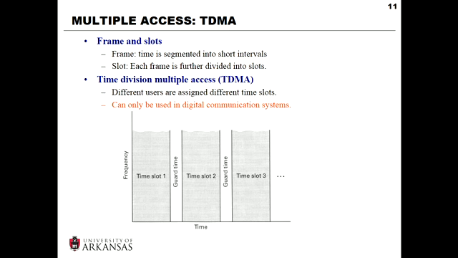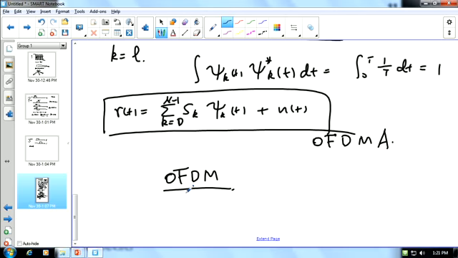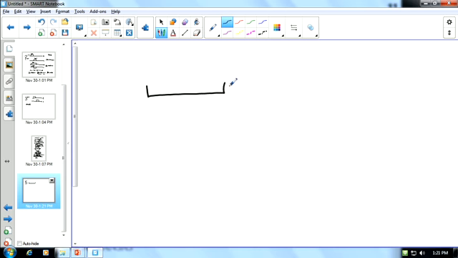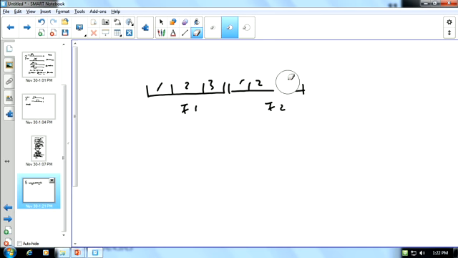Usually we allocate different slots to different users in a single frame. Let's see, we have a frame, just as a simple example. The time is divided into frames. Let's say each frame has 3 slots. That's frame 1, that's frame 2, and each frame has 3 slots, and the duration of the slots should be the same.